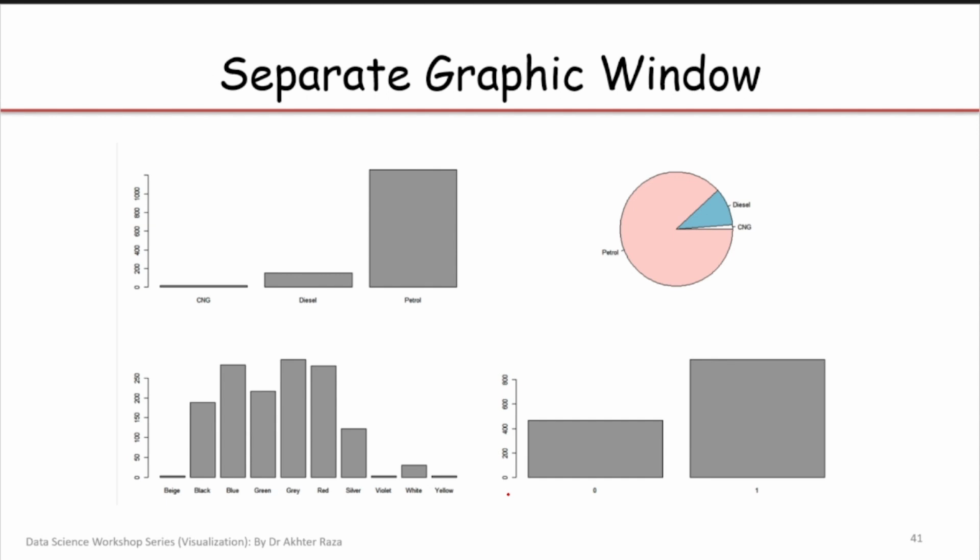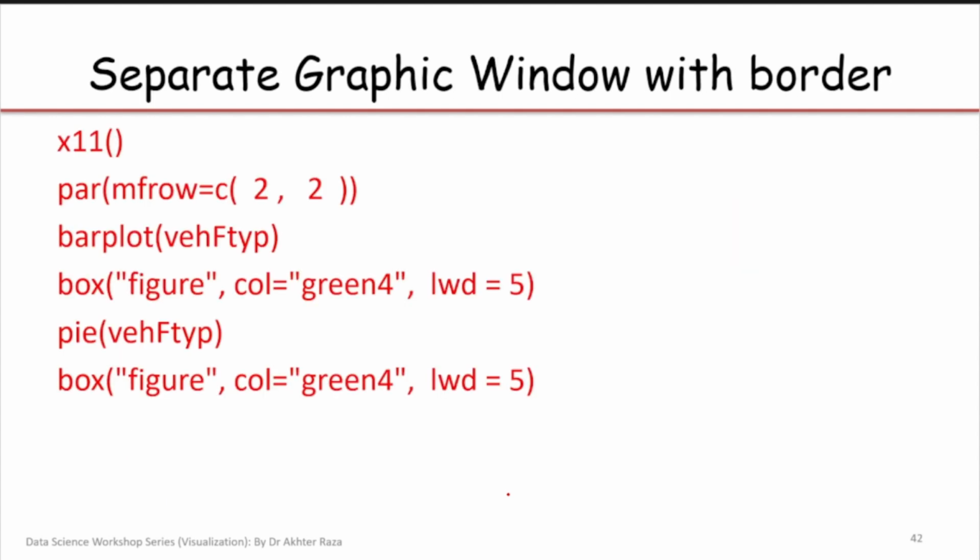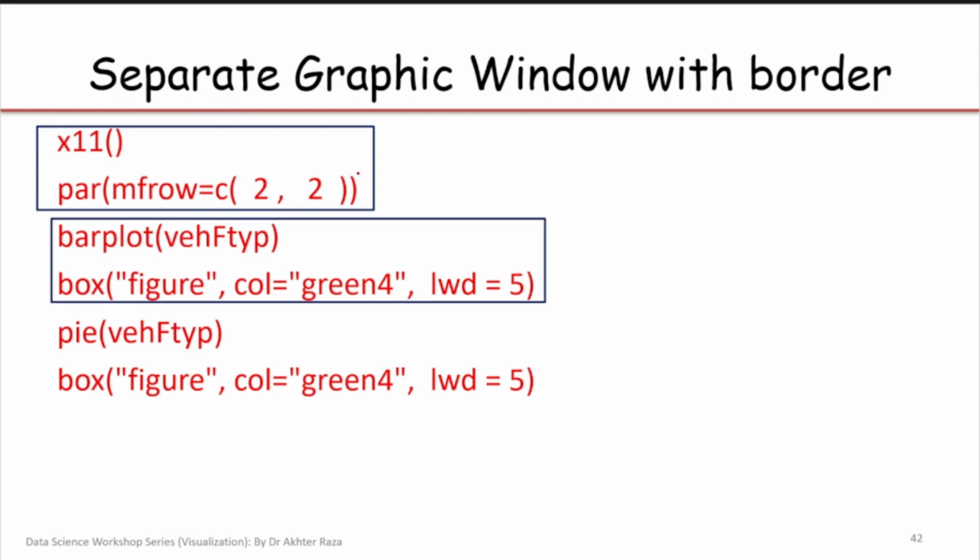So the next command is X11. X11 will create a new window. par(mfrow) will generate the output into the 2 by 2 window. 4 graphs can be printed. The first command, bar plot, will display the output in the first segment here. Here will be the bar plot.